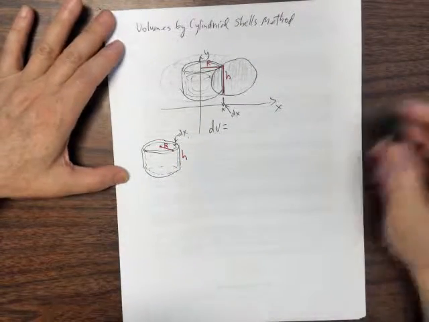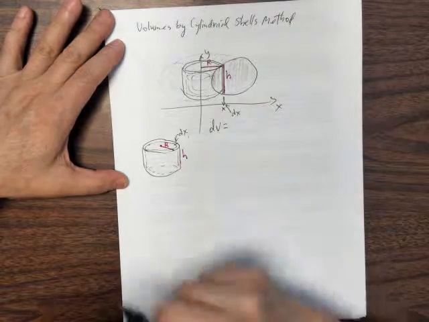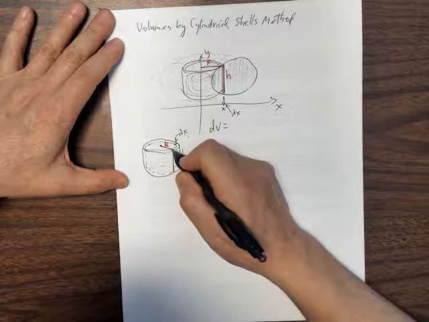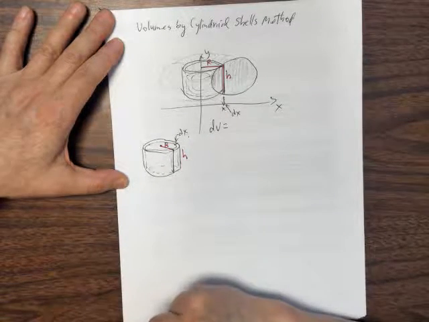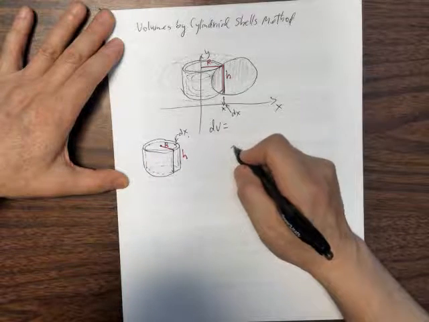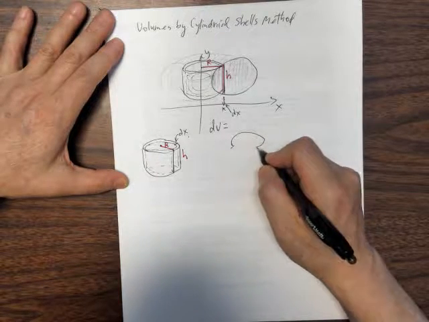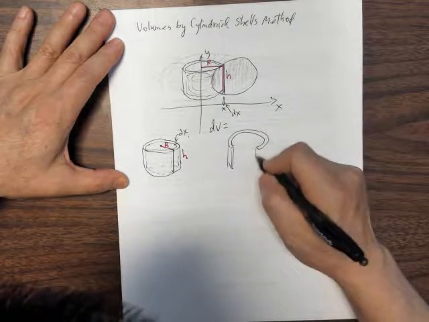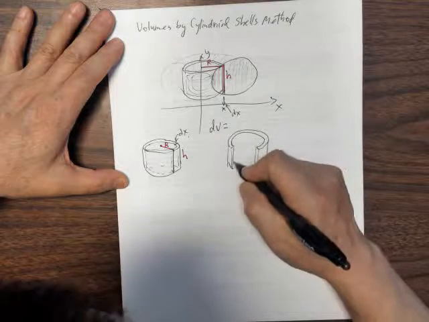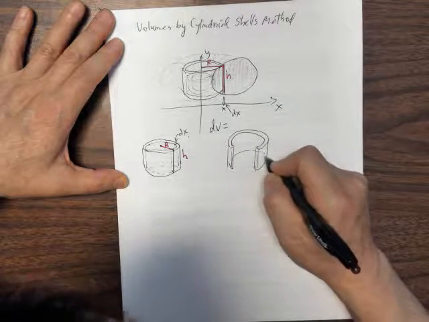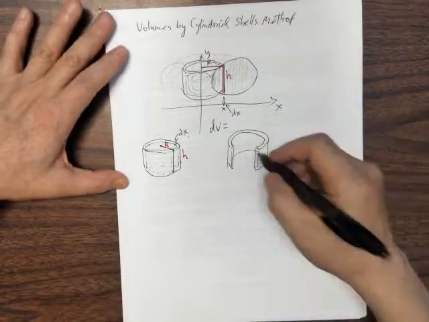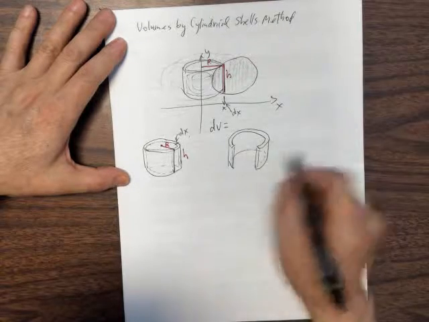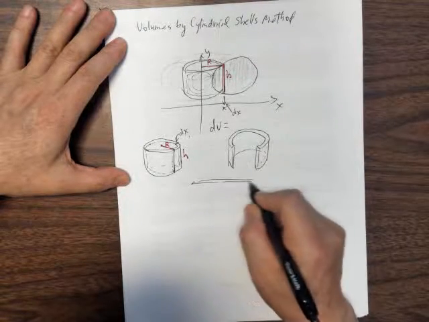Now, how are we going to find the expression for the volume of this shell? Let's do this. Imagine a cut along the side of the shell, then open it up and flatten it.